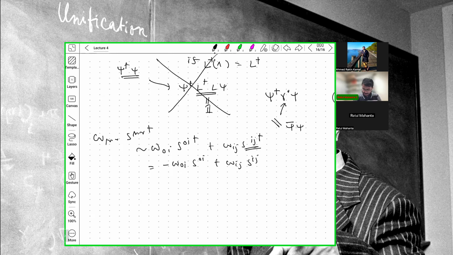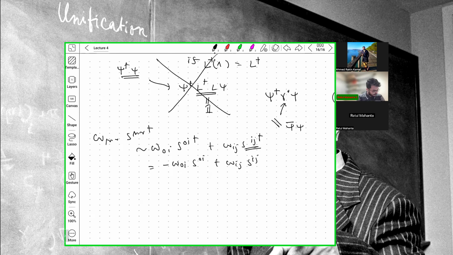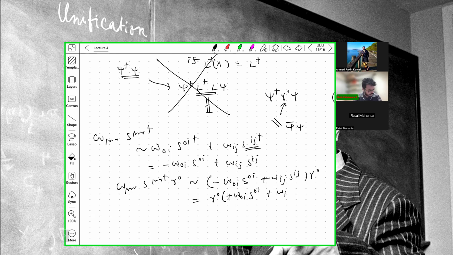So, since we have a multiplication by gamma 0, when you pass it through towards the left, from commutation and anti-commutation, it will make this minus to a plus, whereas it will leave the other term unchanged.